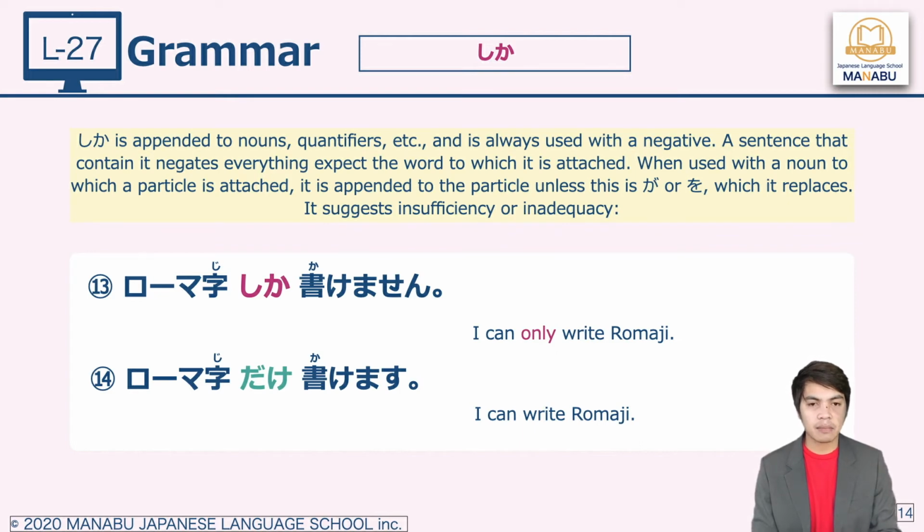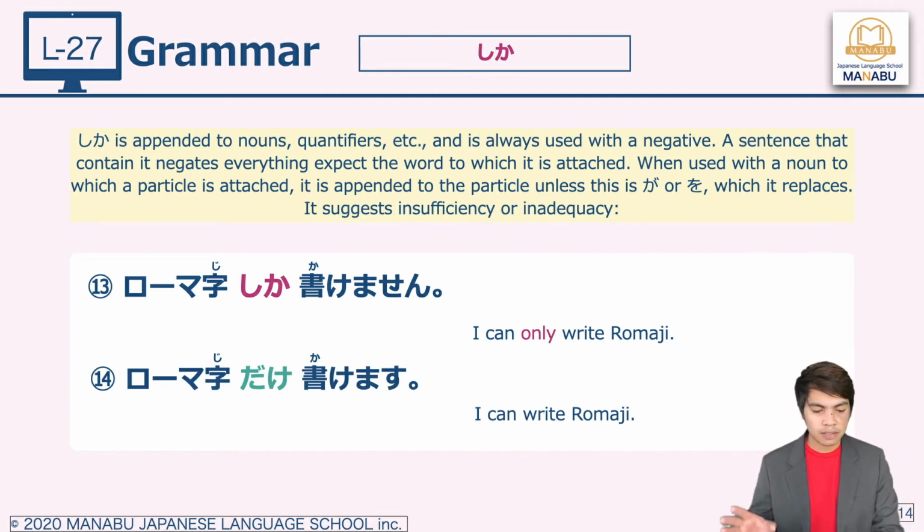Shika means only. And another term is dake. Romaji dake kakemasu. The difference between the two, once again, shika uses a negative verb, and dake can use a negative verb or a positive verb.